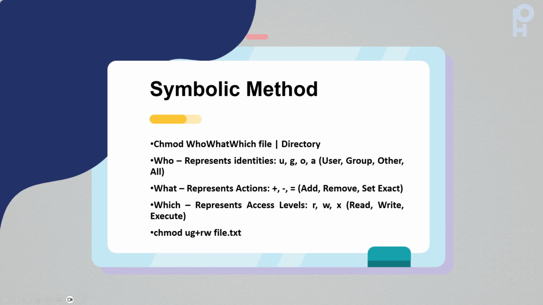And which represents the access level, rwx, meaning read, write, execute. Now let's say we use chmod ug+rw file.txt, which means user and group get read and write on file.txt. So we can use chmod with these symbols.